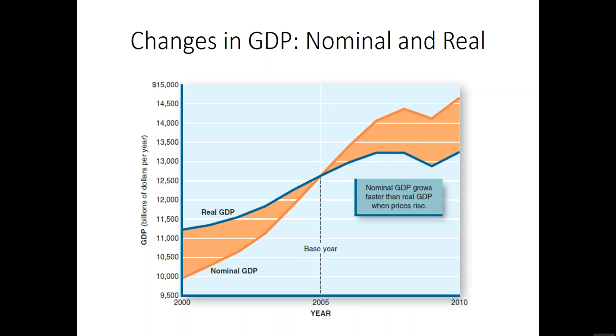Here is a summary across the past 10 years of how our nominal and real GDP changed. You can see our nominal GDP increased very quickly. But if you look at the real GDP, using 2000 as our base year, our GDP is actually growing, but relatively slowly, not as fast as nominal GDP indicated.